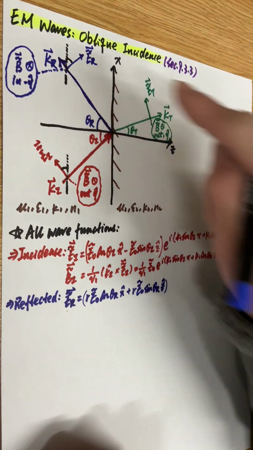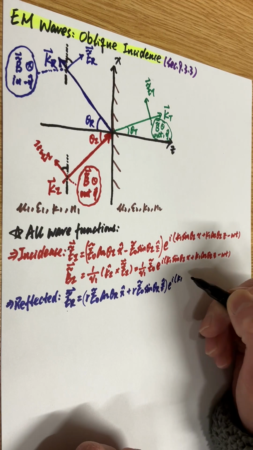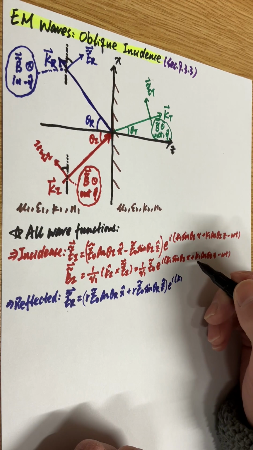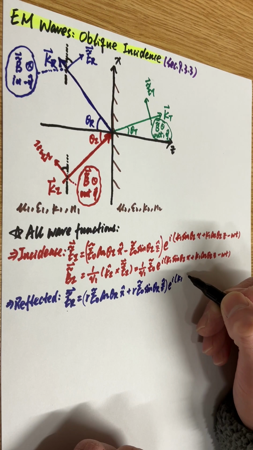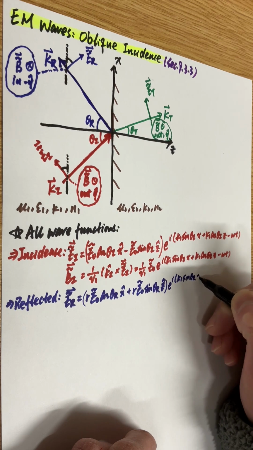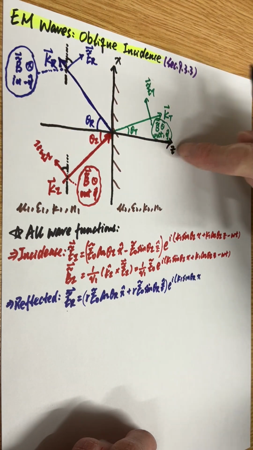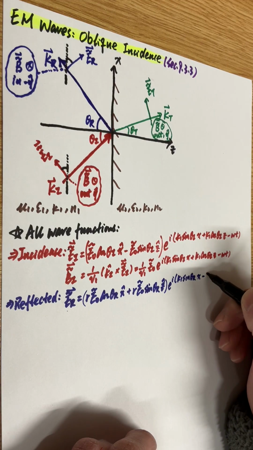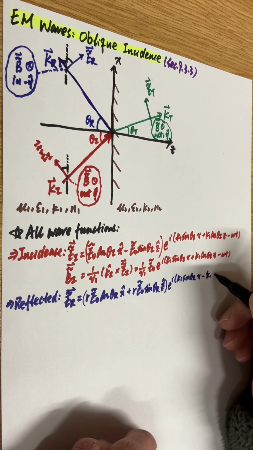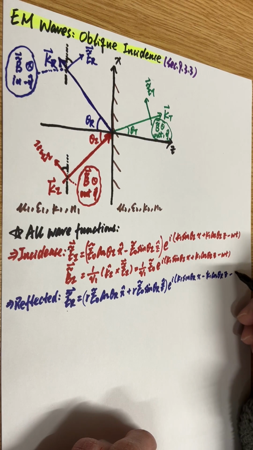So the vertical component is x, so we have e to the i kappa 1 sin theta r x, and then the horizontal component is minus z, so we have minus kappa 1 cosine theta r z minus omega t.